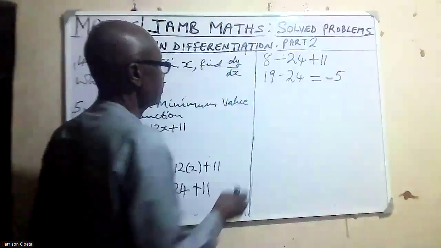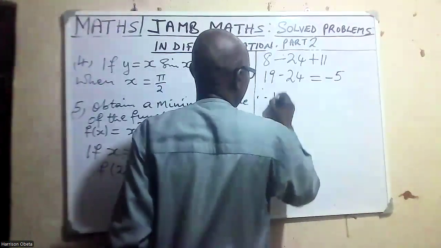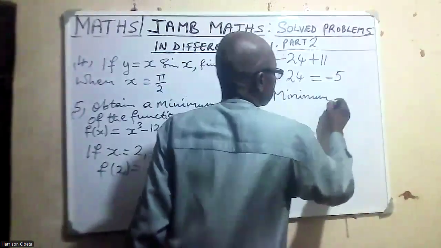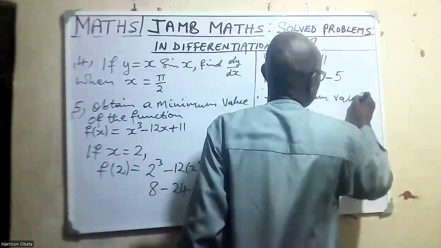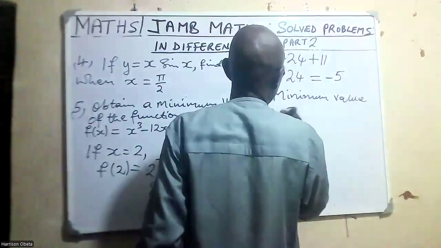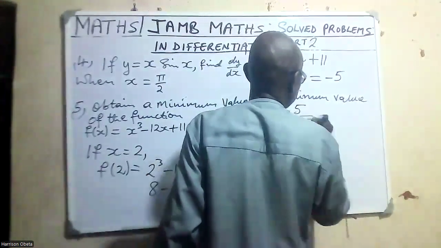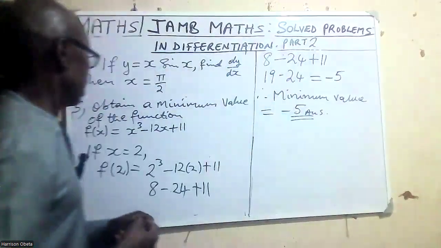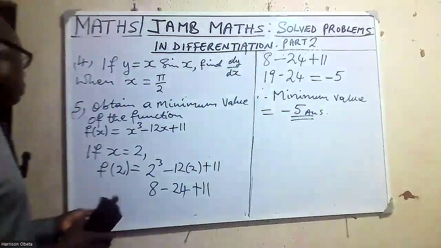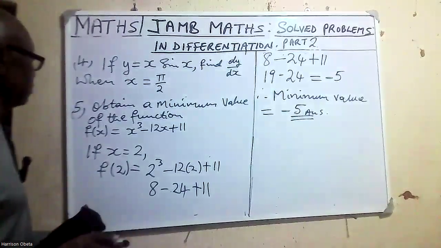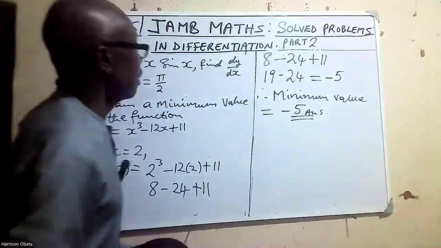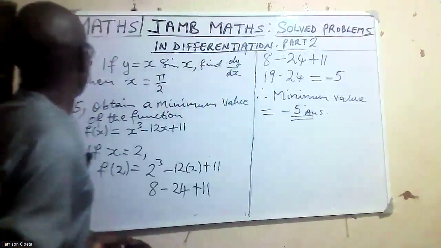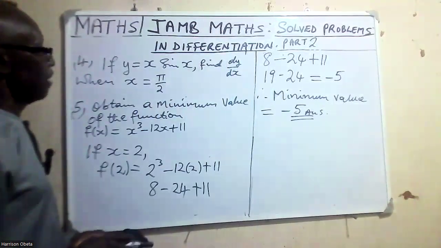So it means that, therefore, minimum value is equal to minus 5. And that's the answer to that question. So we have succeeded in getting our value, and that's the minimum value for number 5.